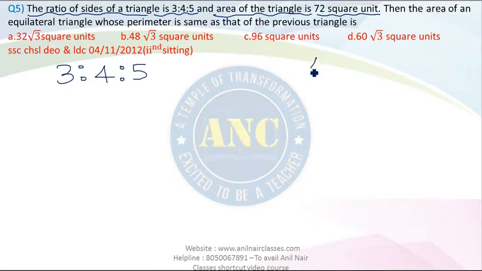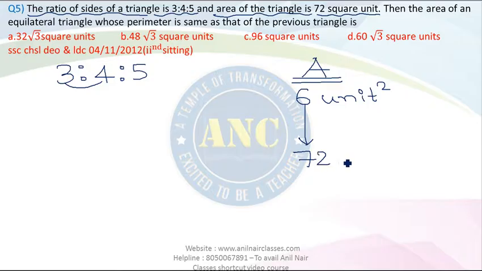That means according to the ratio, area is half into 3 into 4. Half into 3 into 4 is half into 12, which is 6 square units. 6 square units is the area according to the ratio. Question says it is 72 square units. 6 should become 72. Multiply by 12. 6 into 12 is only 72.